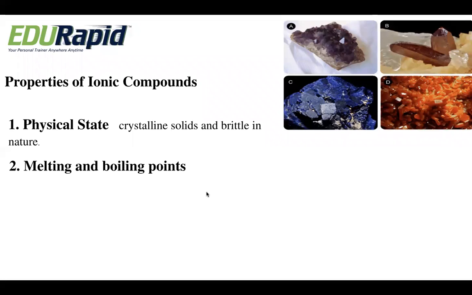The basic reason for the high melting and boiling points in ionic compounds is the presence of a strong electrostatic force of attraction between the ions. It means that we require very high energy to separate these atoms when they are bonded together by the electrostatic force of attraction. So ionic compounds have very high melting and boiling points.